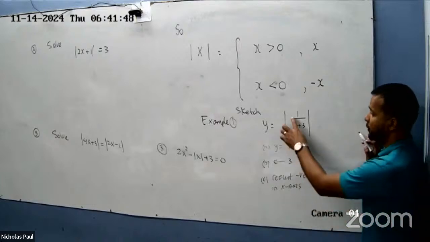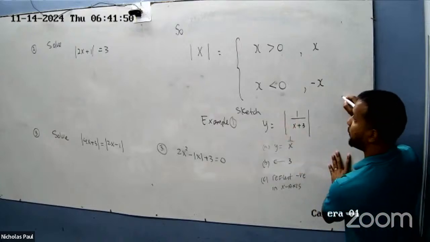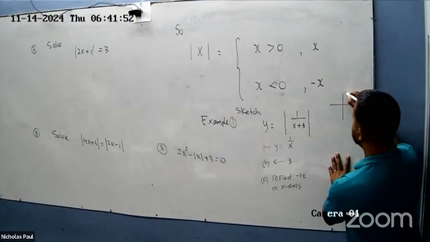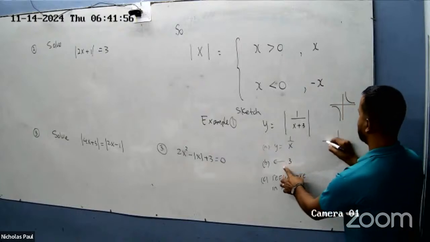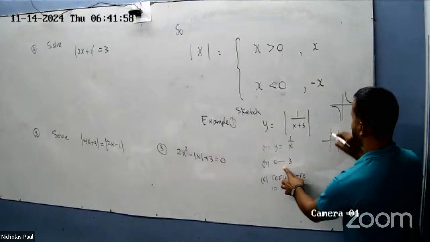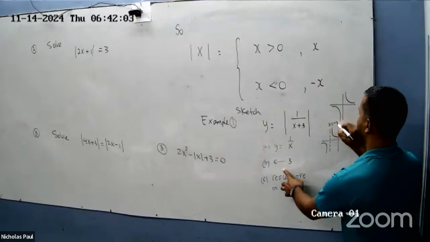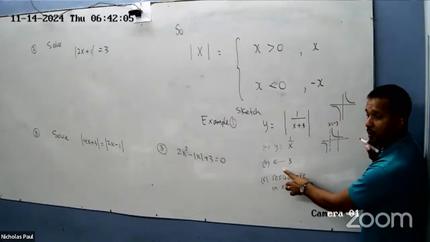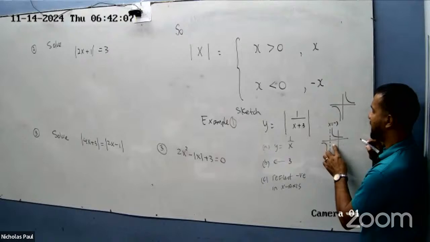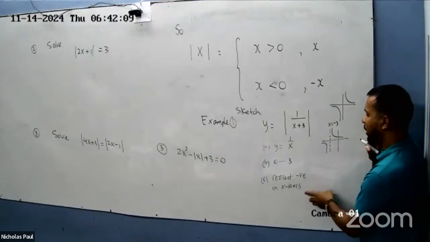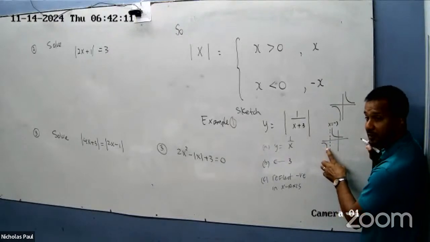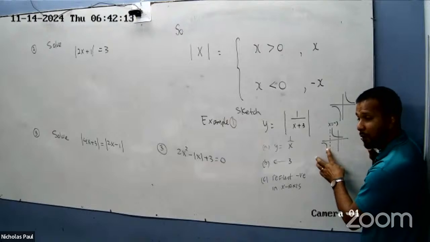So we're starting with 1 on x. Then we shift it to the left 3. Start here, shift to the left 3, and then lastly, we're going to reflect the negative parts. See that, Marquis?